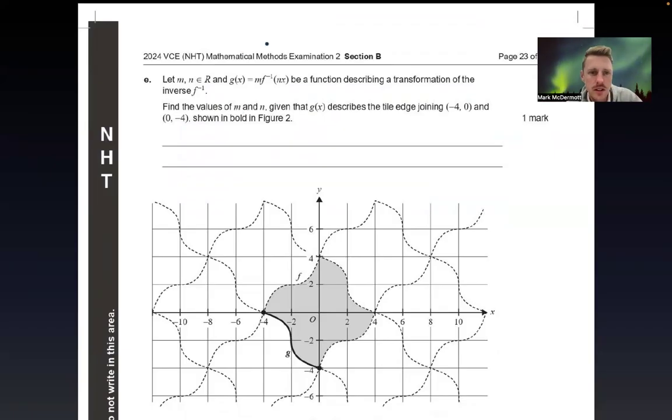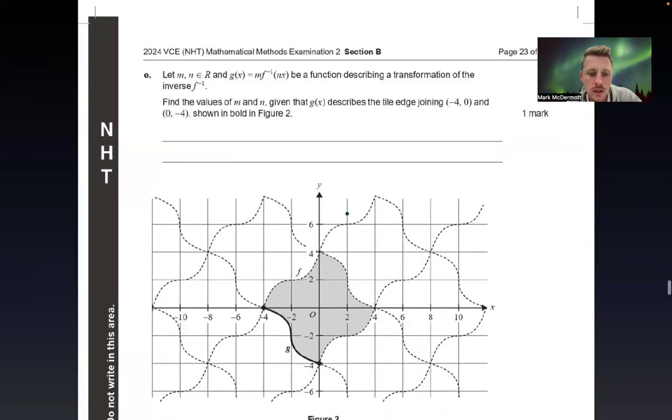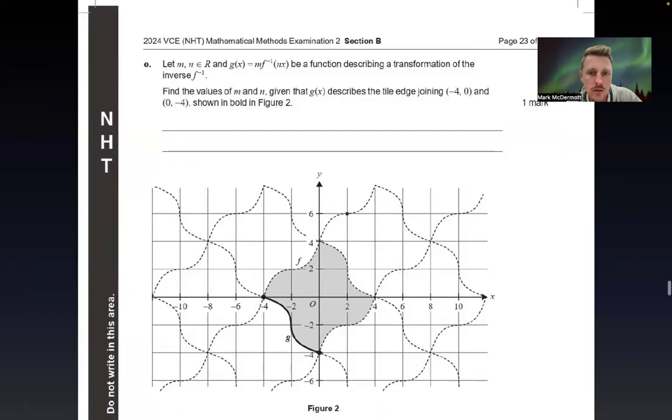Okay, this is where it can get hard. You can get lost in the wording. So g of x is a transformation of the inverse of f of x.